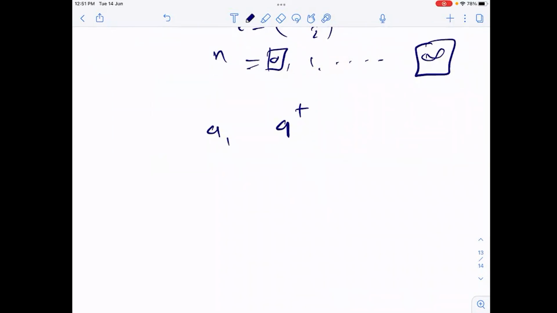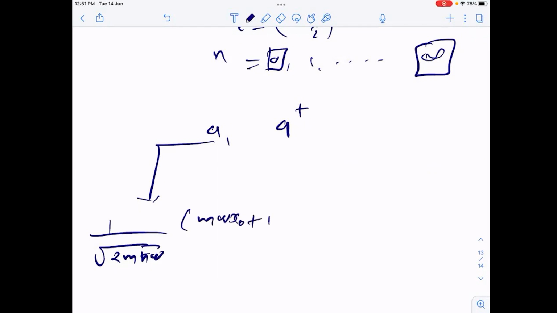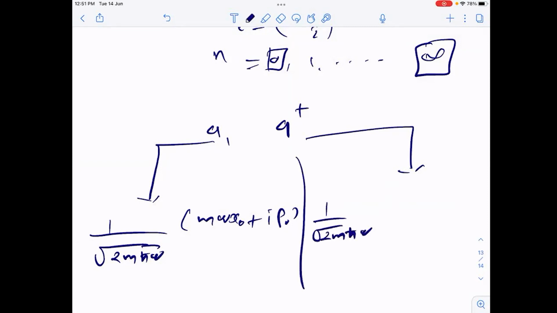Now operator A was defined as 1 upon under root 2mħω times (mω x0 plus i p0), and A dagger was defined as 1 upon under root 2mħω, where the numerator is different: mω x0 minus i p0, right?